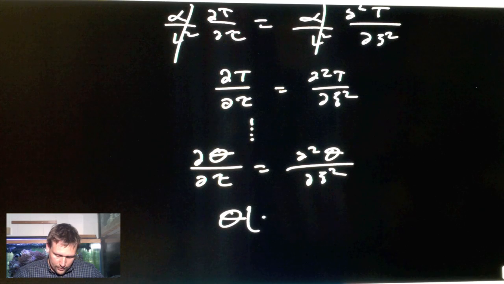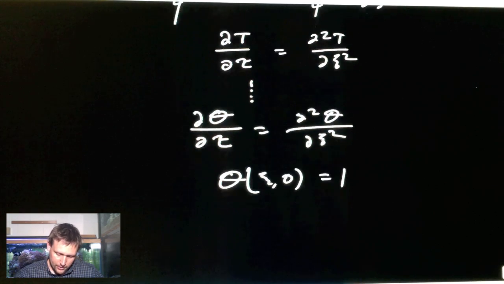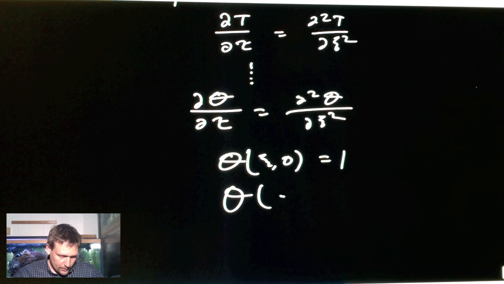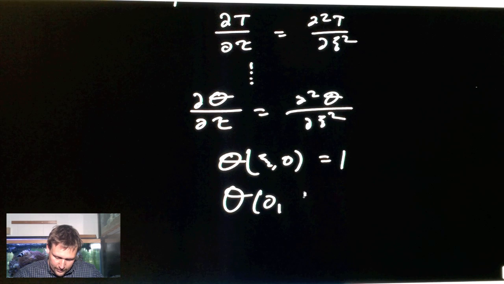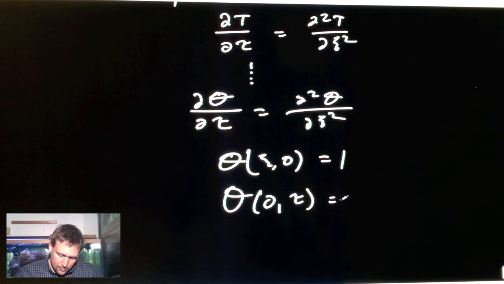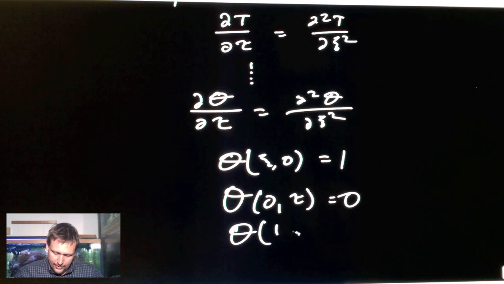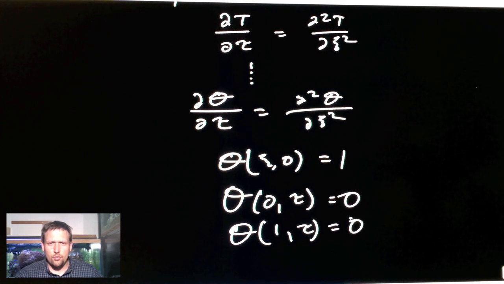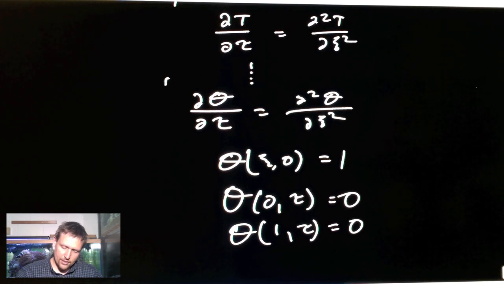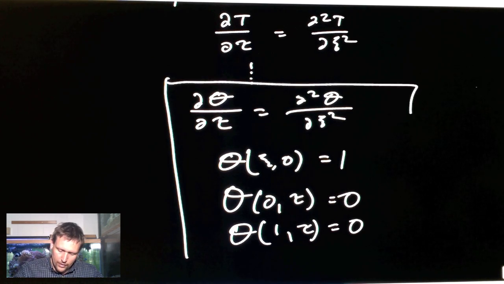Theta at psi comma 0 equals 1 for the initial condition. Theta at 0 comma tau equals 0. Theta at 1 comma tau equals 0. So that's the first bit of work you have to do ahead of time before you can actually solve the equation. The equation we're going to solve in the next two videos is this system of equations right here.